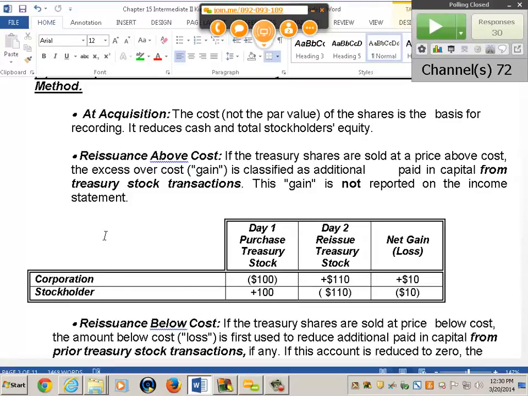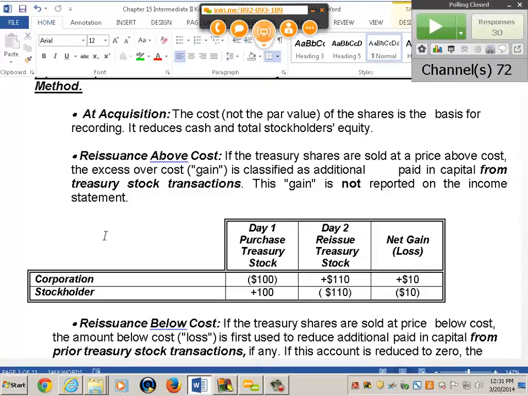That is contributed capital. So the gain is treated as contributed capital. Same ownership, you just gave him $10. So it's not income to the corporation, it's an additional contribution of capital on your behalf.